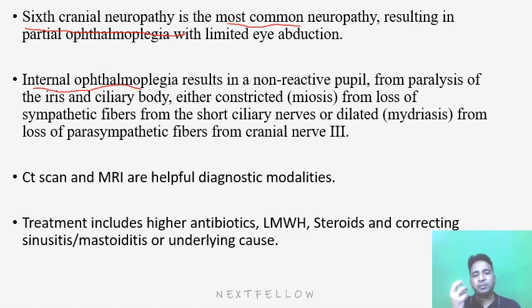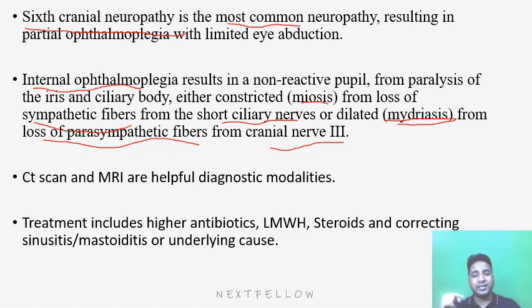Sometimes there may be miosis, that is a constricted pupil, because of the loss of sympathetic supply, the loss of sympathetic fibers, which are present in the short ciliary nerves. So there can be miosis because of obstruction of the sympathetic fiber supply, and there can be mydriasis, that is dilation of the pupil, because of the loss of parasympathetic fibers from the third cranial nerve.